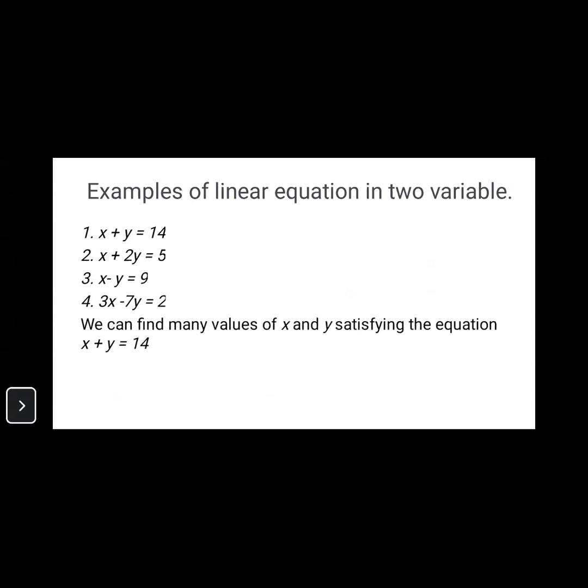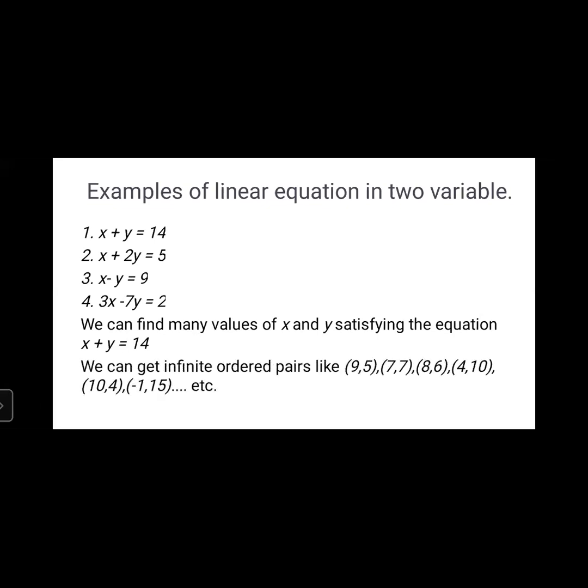If you see these equations, you will find that they satisfy the general form of a linear equation and all the conditions. Therefore, we can say that they are linear equations in two variables.